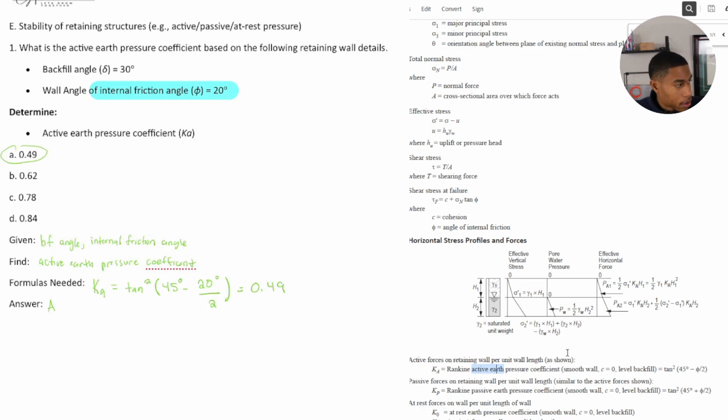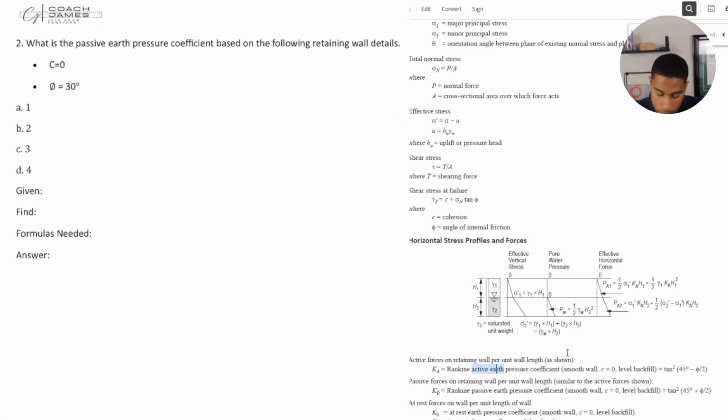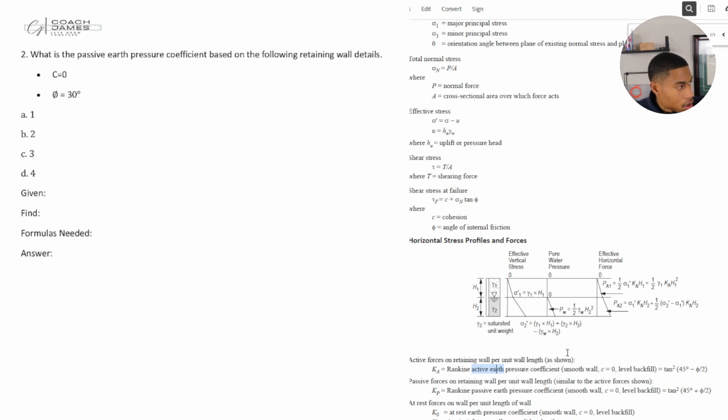All right, let's look at number 2. Okay, so number 2 says, what is the passive earth pressure coefficient based on the following retaining wall details? So C is equal to 0 and phi is equal to 30 degrees.